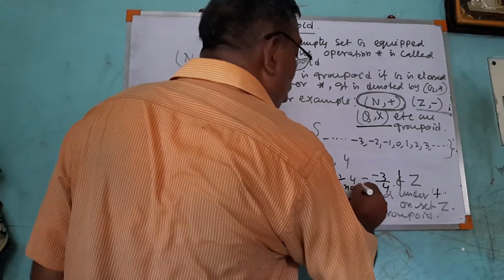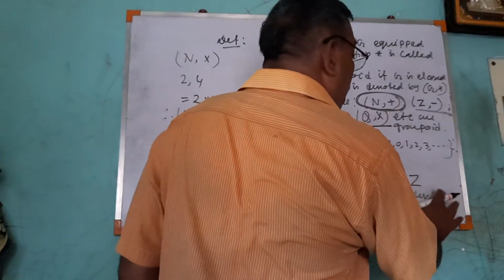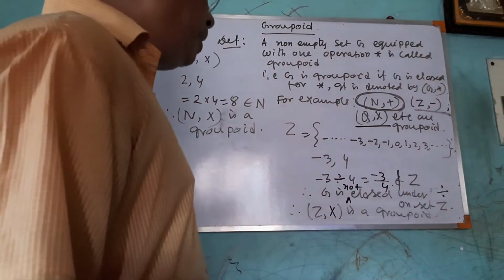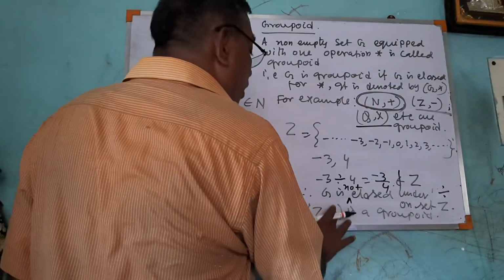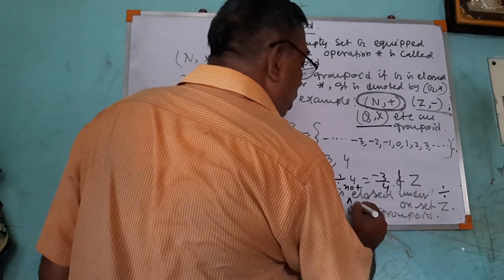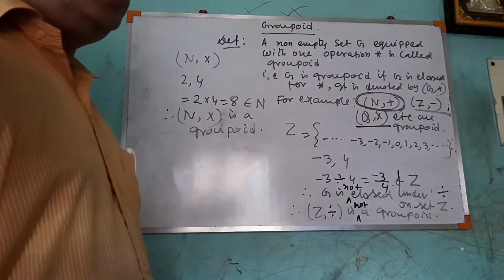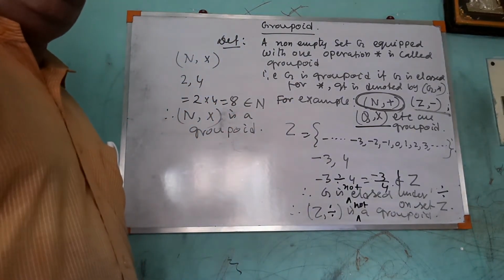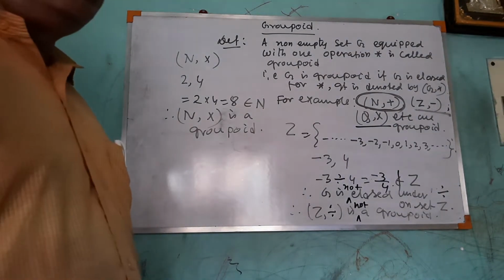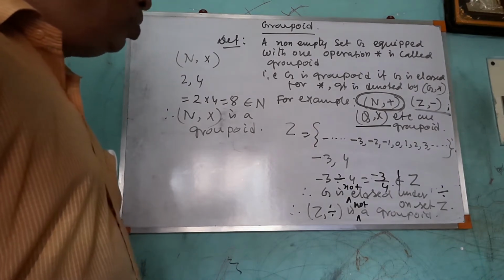G is not closed under division on set Z. Therefore Z division is not a groupoid.